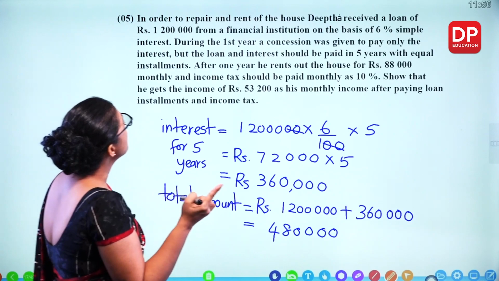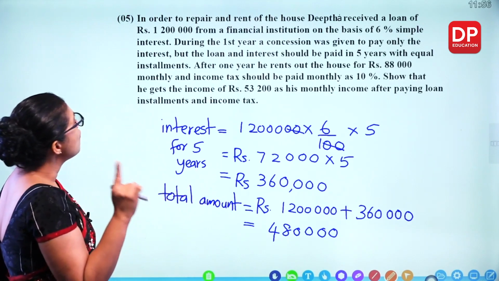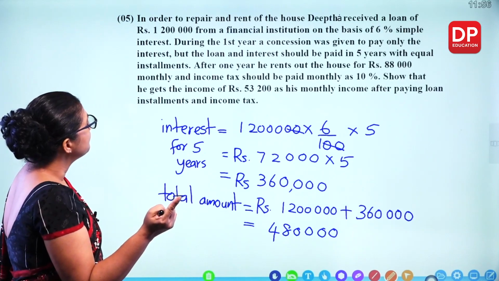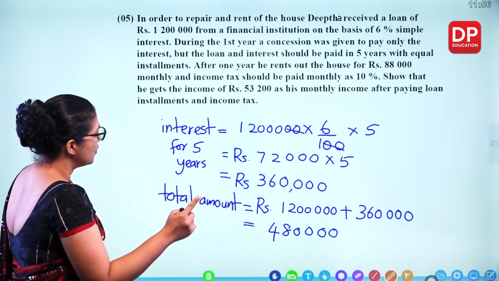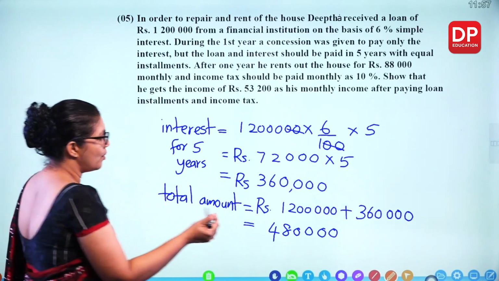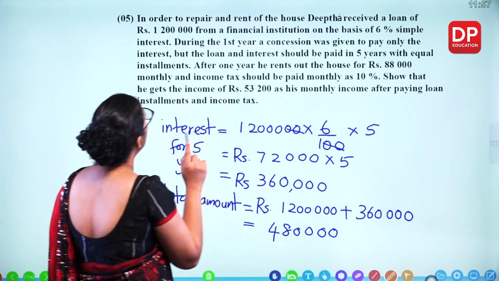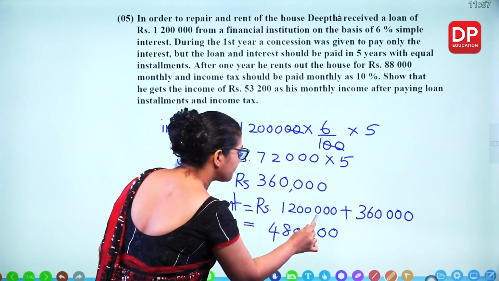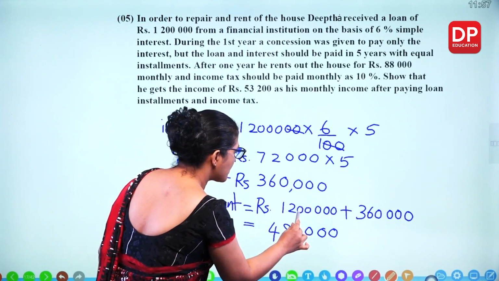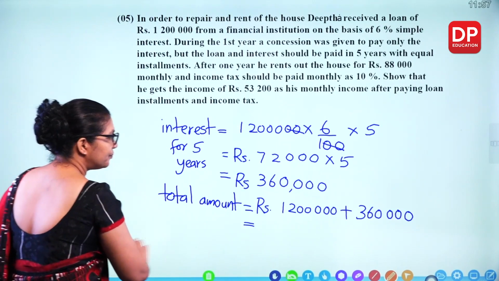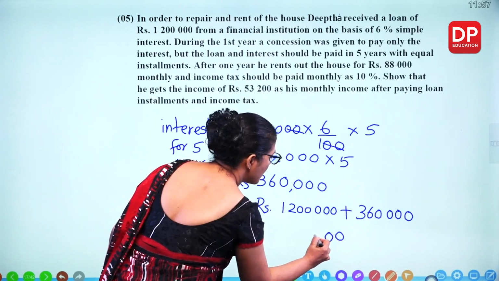So interest is 6% for 1 year and then for 5 years. So that's the total amount you have to pay, if the loan is 1,200,000 rupees. Again check. Here the addition is wrong. 0, 0, 0.